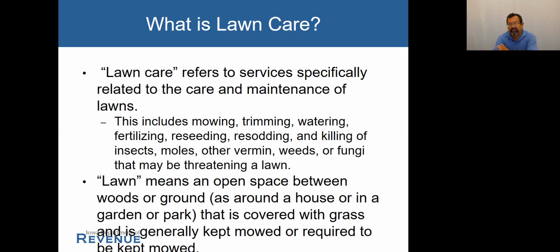A lawn is defined as an open space between woods or ground, as around a house or in a garden or park, that is covered with grass and is generally kept mowed or required to be kept mowed. Some non-exclusive examples of properties that would contain a lawn include cemetery grounds, golf courses, parks, and residential or commercial properties containing one or more buildings or structures.